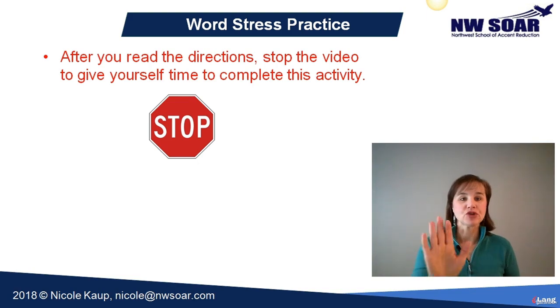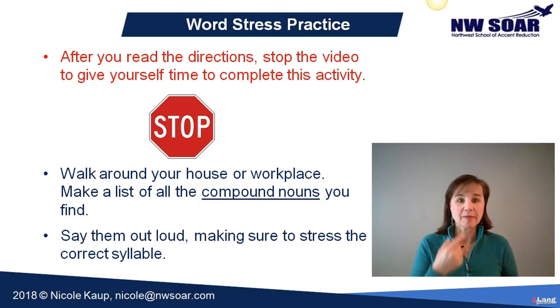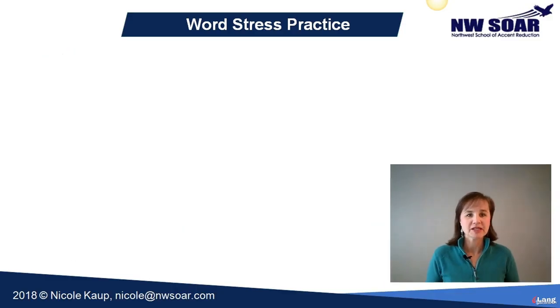Now again, I'm going to have you stop the video in just a moment after I give you your instructions. I want you to walk around your house, your workplace, wherever you happen to be. Make a list of all the compound nouns that you can see or notice around you. Say them out loud again, making sure to stress the correct part, which will be the first part. Now here are some examples.